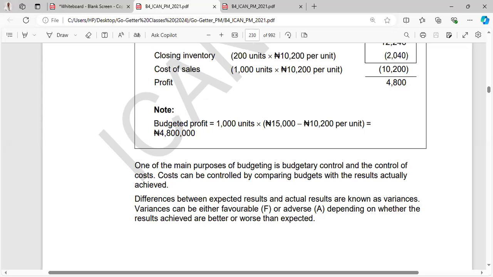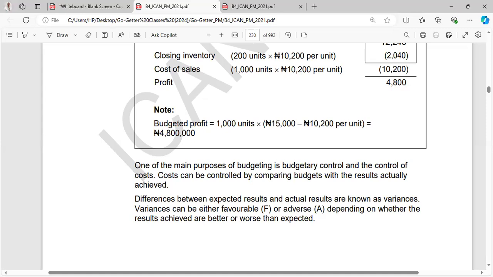Sometimes when I was small, when we wanted to go to the market, our parents would give us a list. Buy what is in this list. So don't go and say, oh, I didn't know that we have it in the house, or I forgot to buy this. You don't go and buy more of what you have and then forget to buy the essential thing that you are supposed to. It controls the cost.